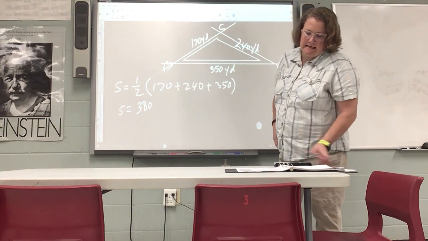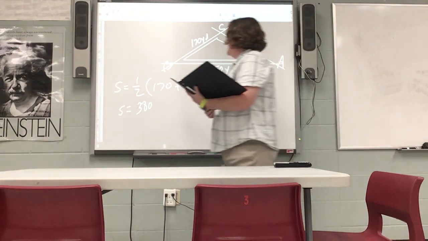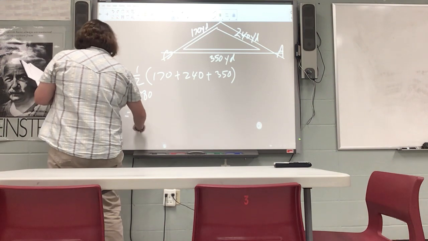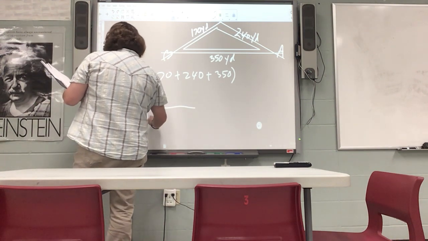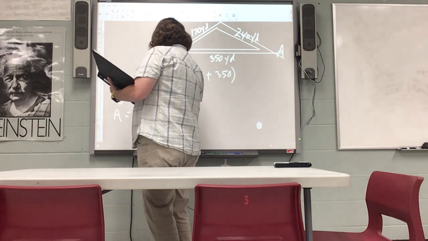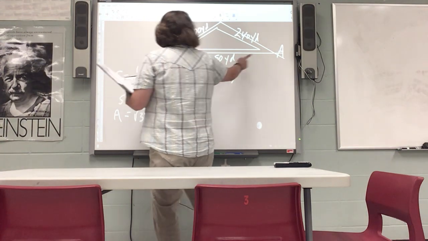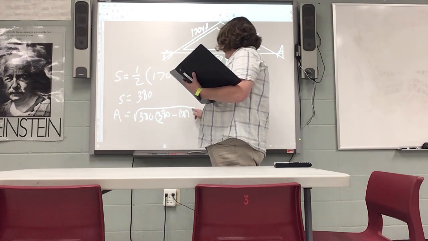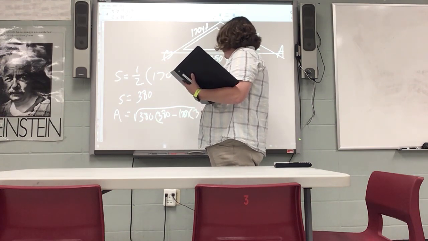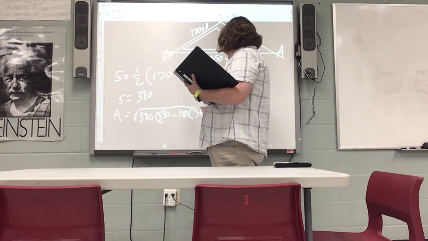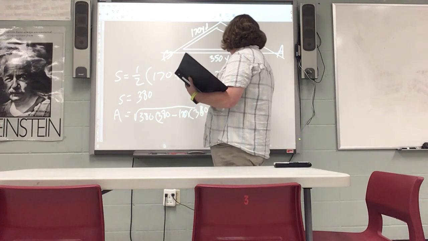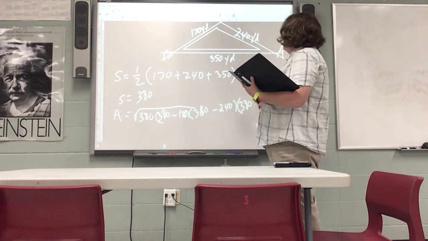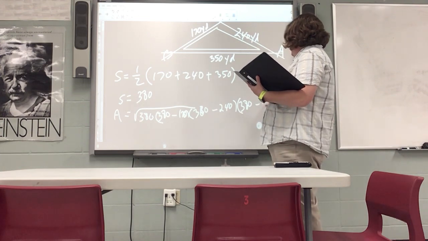Okay, now we can take that and plug it into our new area formula. So square root of our S, which is 380, times S minus A, so minus 170, times S minus B, so 240, well, that's messy, times S minus C, so 350.